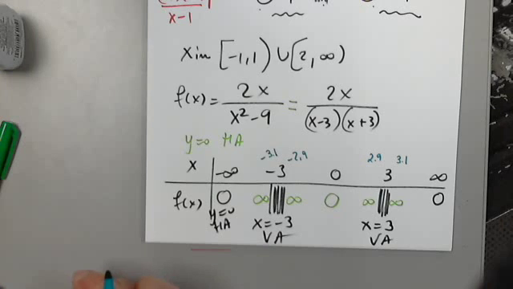Why are you using decimals? Very good question. So the vertical asymptote is negative 3. If I test at negative 4, it may be too far out.